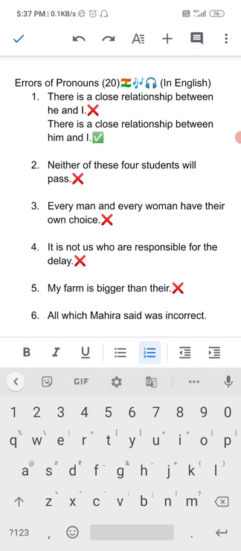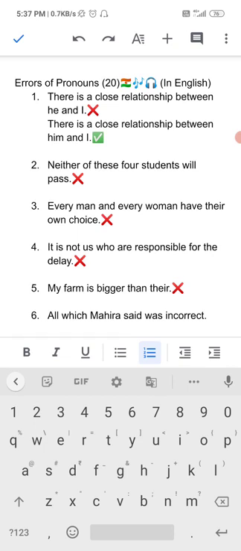Question number 2. Neither of these 4 students will pass. We have used 4 students in this sentence, and we have used the pronoun neither in this sentence. Neither is restricted to 2 entities, but we have used here 4 entities.